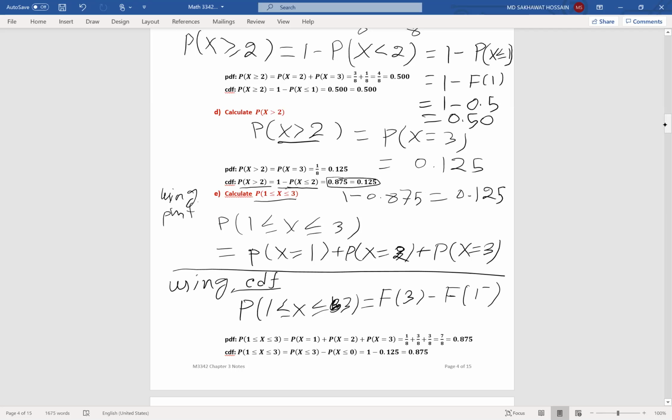So that means the values of x which are immediately less than 1. So that means F of 3 minus F of 0. And here you can see the probability. So F of 3 is 1, and F of 0 is 0.125. So 1 minus 0.125 is 0.875.